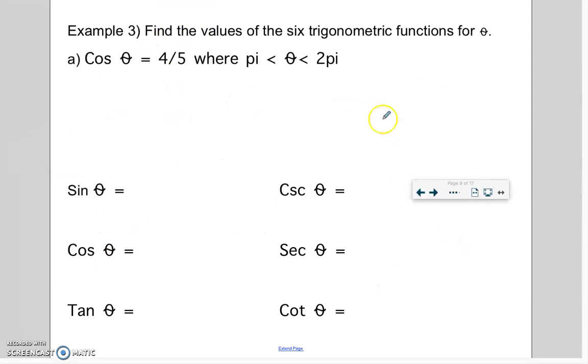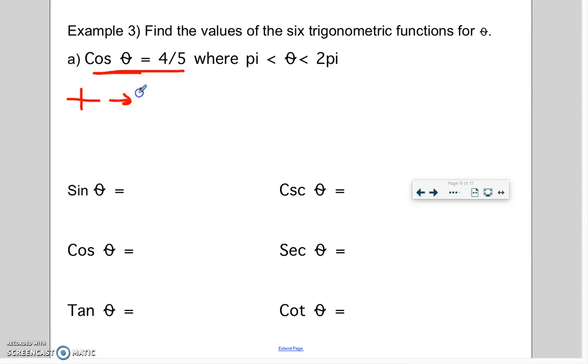Example 3 here says find the values of the 6 trigonometric functions for theta. I'm giving you a relationship of 4 over 5. So I'm saying cosine of theta, so cosine of some angle, has a relationship of 4 over 5. So right now, all I know from this is that cosine is positive.